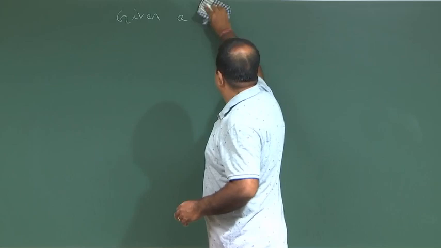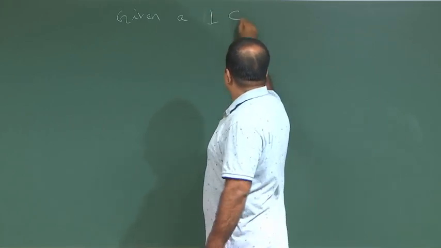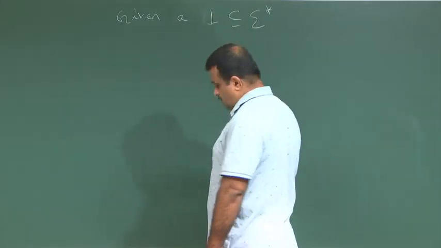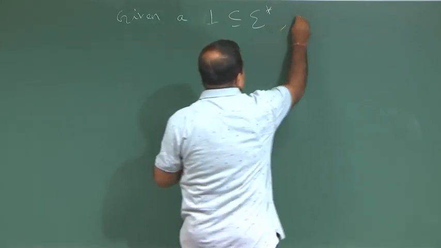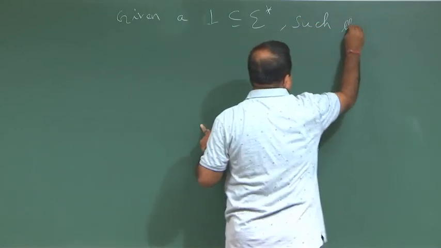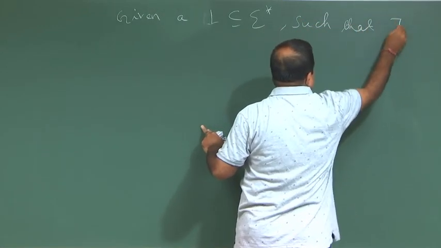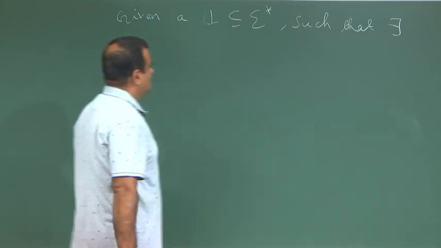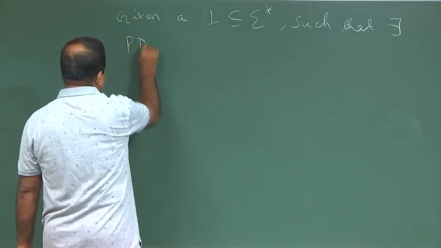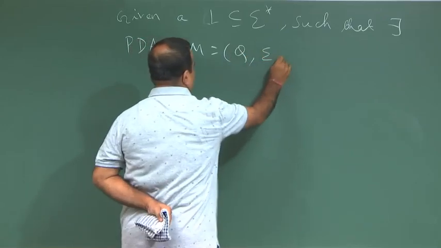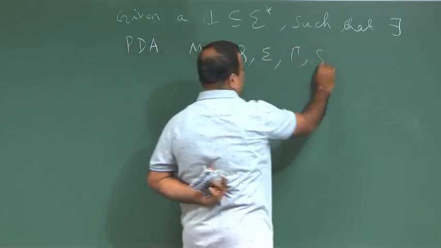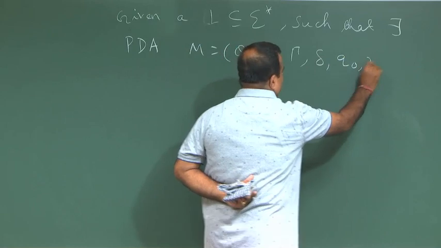language L, which is a subset of Sigma star, where sigma is the set of input alphabet, such that there exists a PDA, pushdown automata M, which is (Q, Sigma, Gamma, delta, q0, Z0).